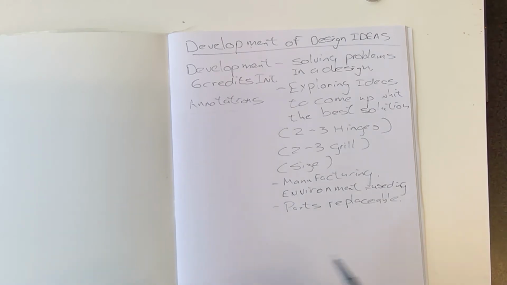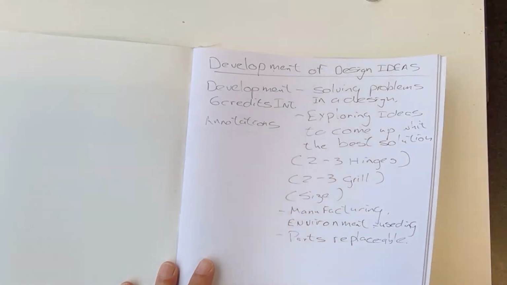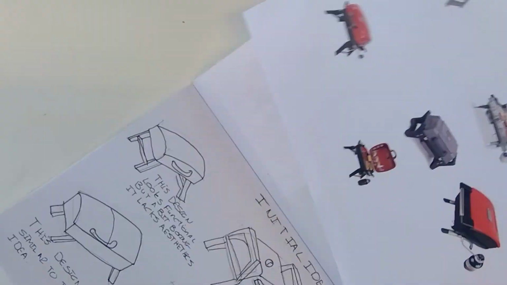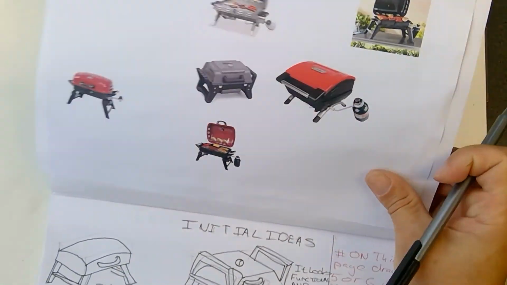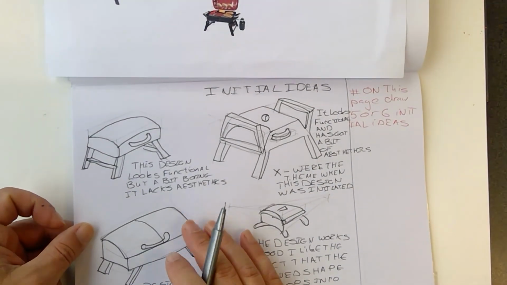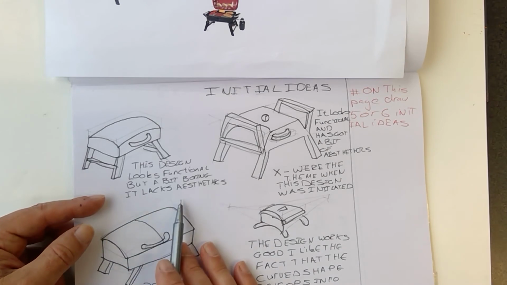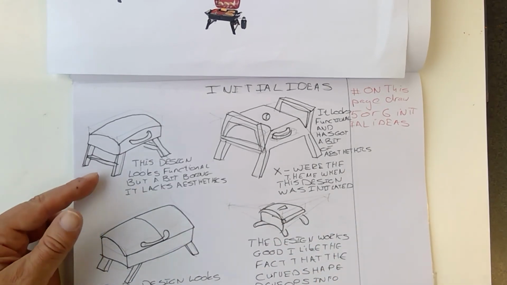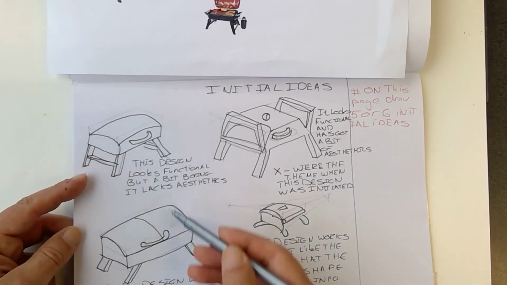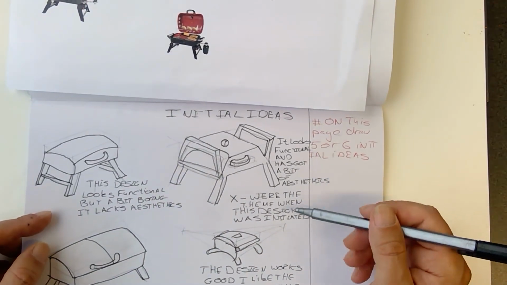Just through your writing, you could say, I'll show you guys, this is just still a copy, but I've started looking at my initial ideas and I wrote there, this design looks functional, but it's a bit boring, it lacks aesthetics. And then this design looks similar to the first idea, so I probably don't like that. I like this one.